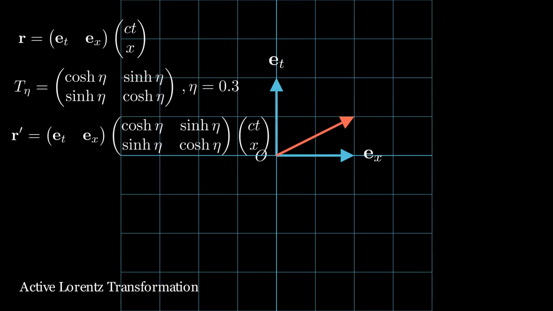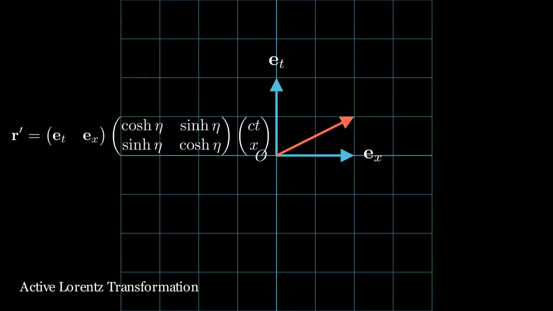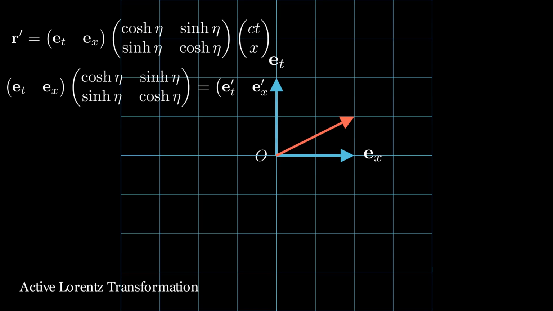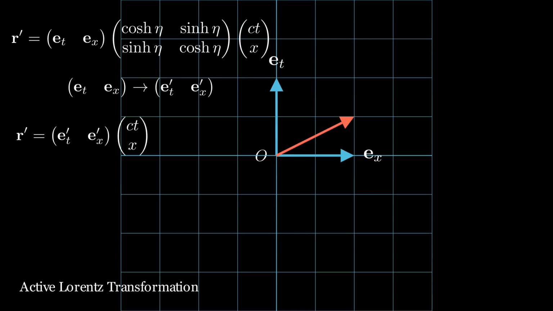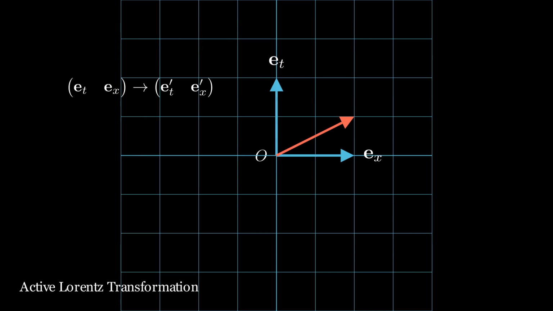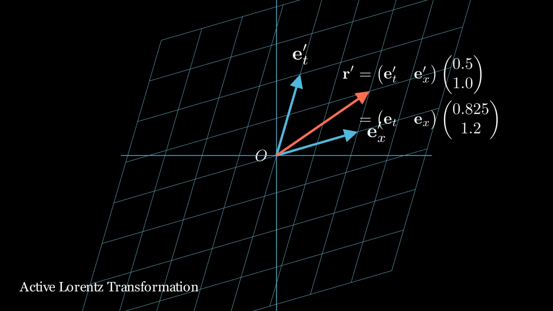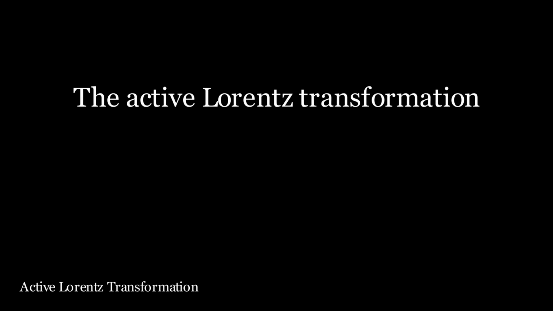Here, we have the unit vectors et and ex of a stationary inertial frame. This transformation replaces them with the unit vectors et' and ex' of an inertial frame moving in the positive x direction with velocity v over c. This is what we call the active Lorentz transformation.